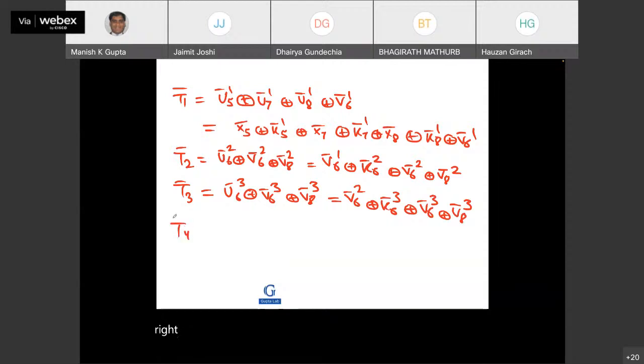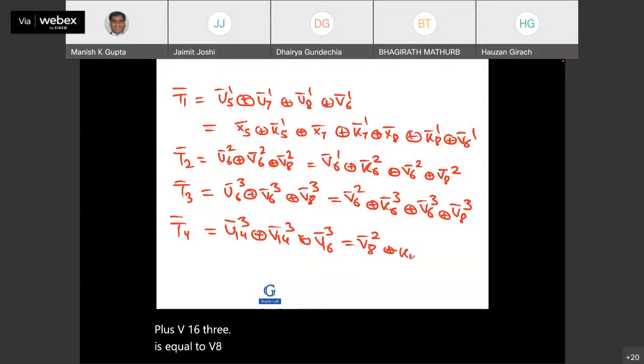And T4 is nothing but U143 plus V143 plus V163, which is equal to V82 plus K143 plus V143 plus V163.